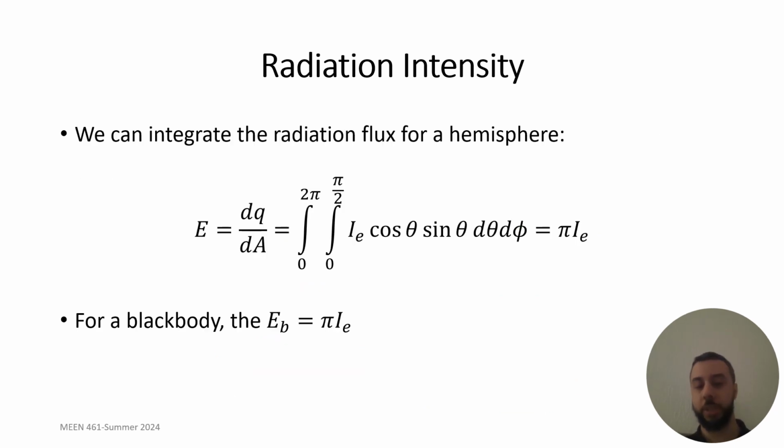And we can integrate the radiation flux for a hemisphere. And what we get is pi times Ie, and to get the radiation flux. And for a black body, the energy is pi Ie. So this is for a black body.